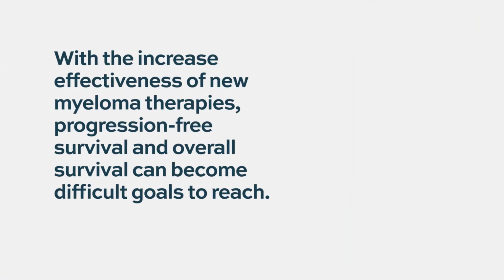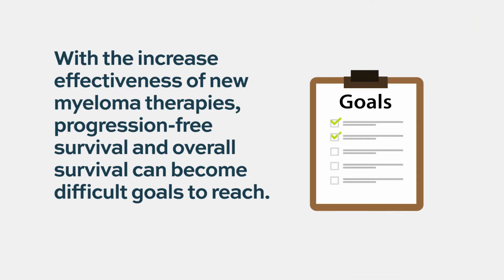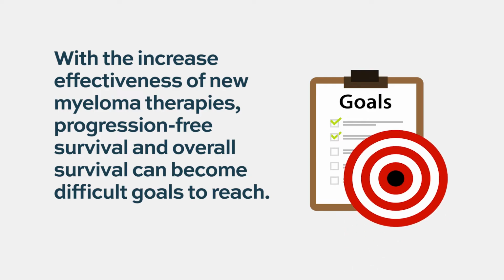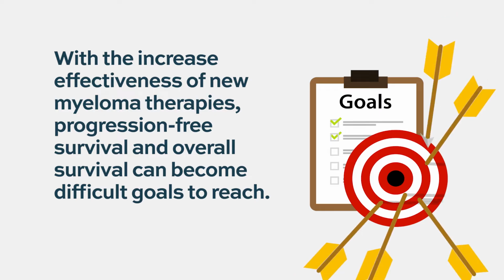But now we're in a situation where, even if a patient is on a given treatment, even on a clinical trial, they may relapse. That doesn't mean that they're doomed, because there are other trials and other drugs that can be used. So both progression-free and overall survival can become very difficult goals to reach in a clinical trial.